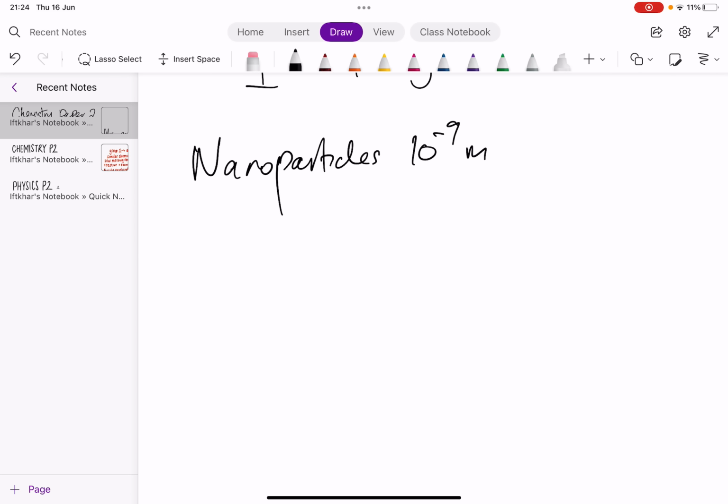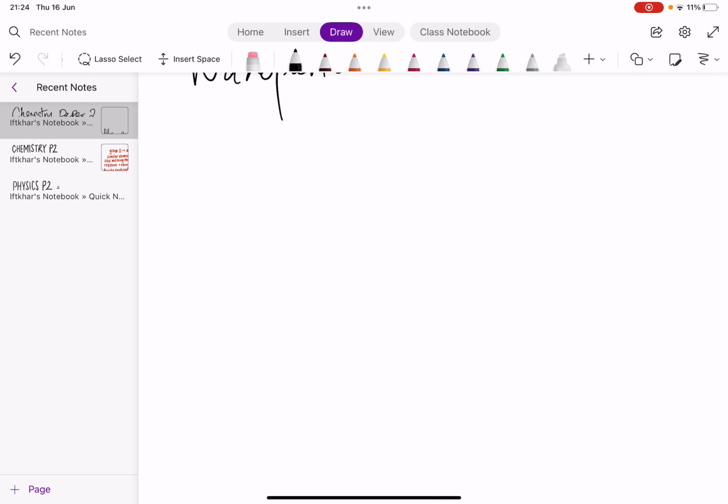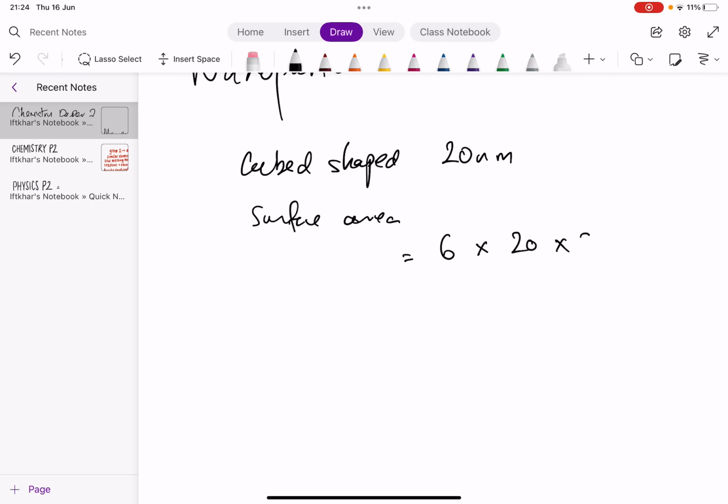You could get a question on, let's say, a cube-shaped nanoparticle which has a size of 20 nanometers. Calculate its surface area. Its surface area will be 6, the number of sides, times 20 times 20, which comes to 2400 nanometers squared.